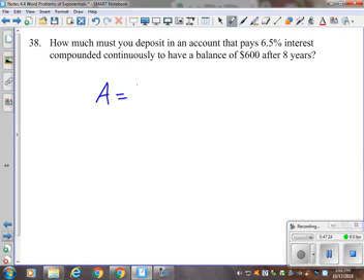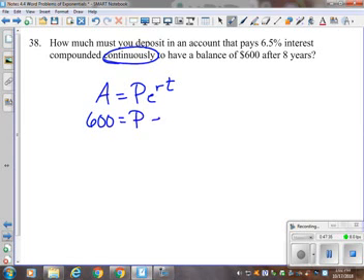So if A equals PE to the RT power is for continuously, then this would be the least amount of money I'd have to put in the bank to earn the 600. So A is still 600. P I still don't know. 0.065 is my rate for the 8 years that we've been talking about. Notice I don't have a number that represents anything about N anymore because we're doing it continuously, over and over and over, calculating interest.